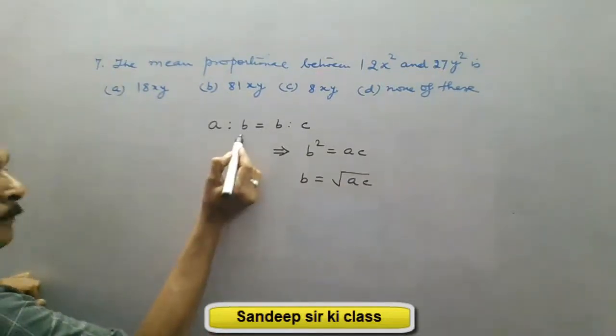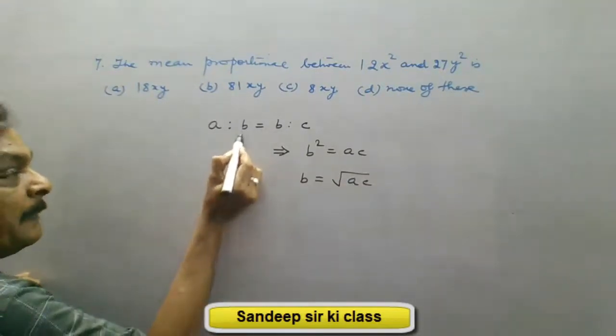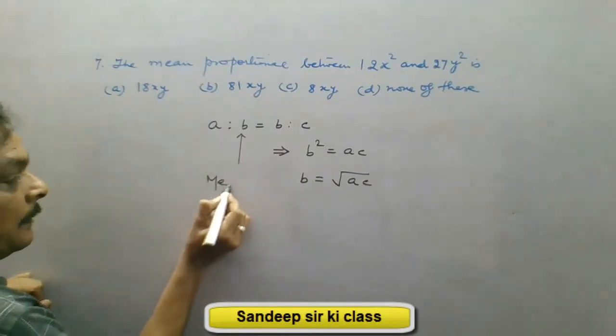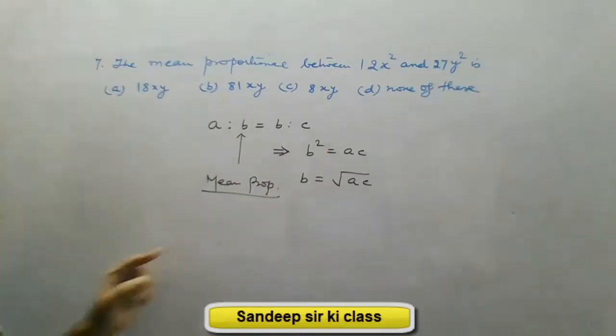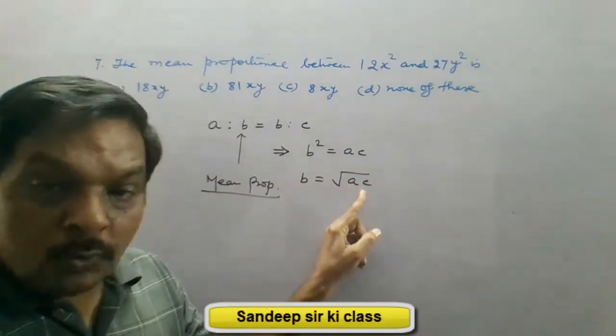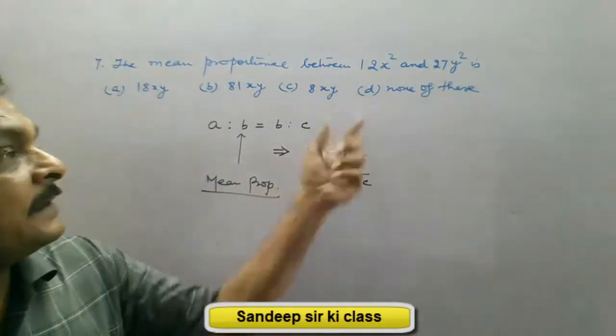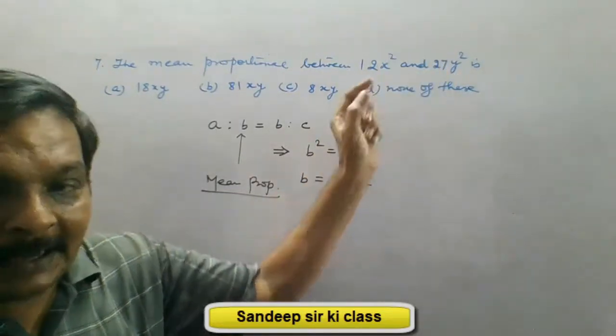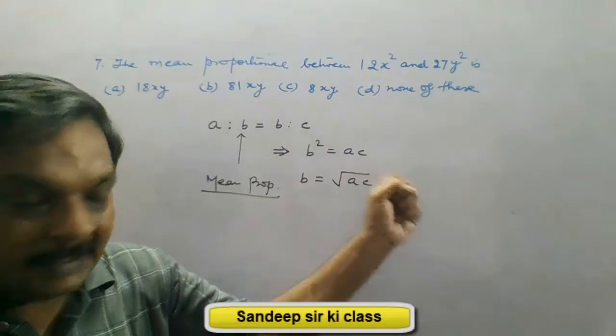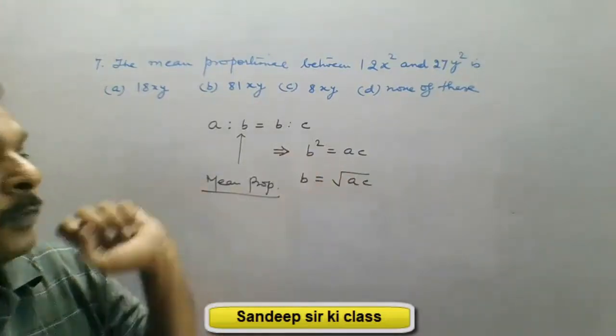And here B is called mean proportional. B is equal to under root AC states that the numbers given should be multiplied and their square root should be taken to find out the mean proportional.